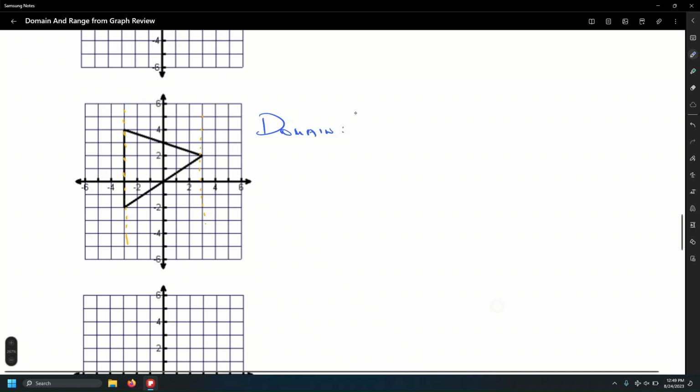In this case, using interval notation, we use brackets for both. That's because we have inclusive endpoints, since there are solid points. Now using set builder notation, we use what we did last time: the set of x such that x is greater than or equal to -3 and smaller than or equal to +3.